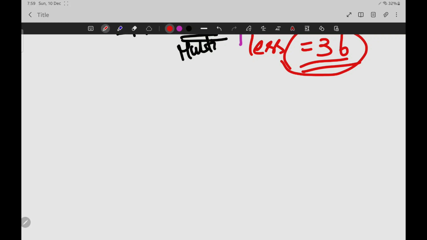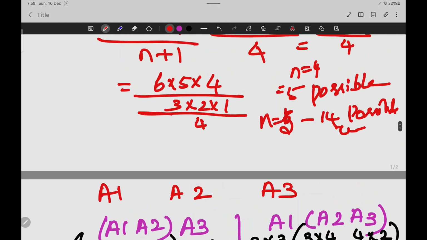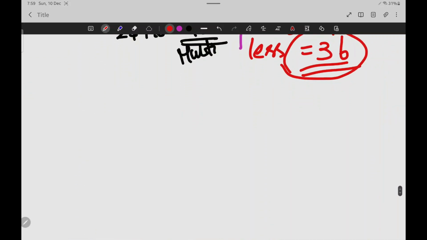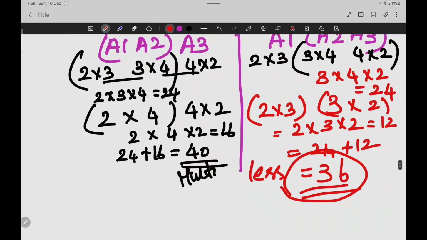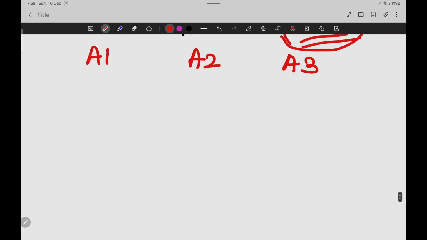If the number of matrices n is equal to 4, we have 5 possible combinations. For n equal to 5, we have 14 possible combinations. So for each combination, we cannot easily find the total number of multiplications. Here we have one formula to find the total number of multiplications for each combination.